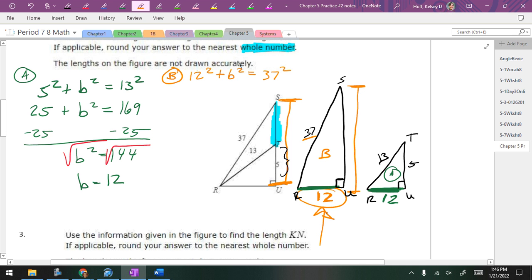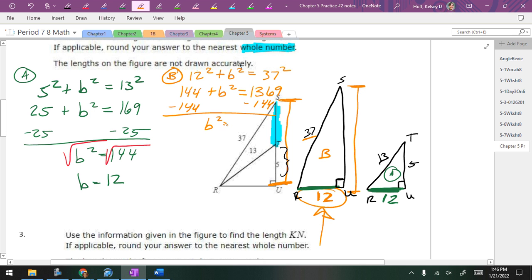Absolutely. Looking at this triangle, 100%. 12 squared is 144, plus B squared equals 13, say it again, 169. Then I should subtract 144.